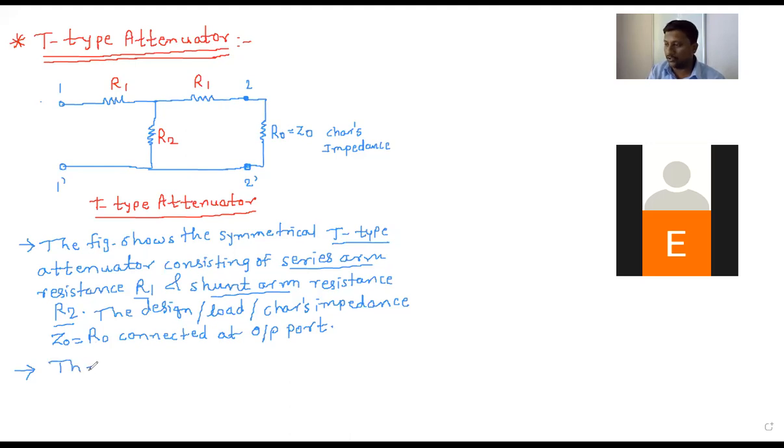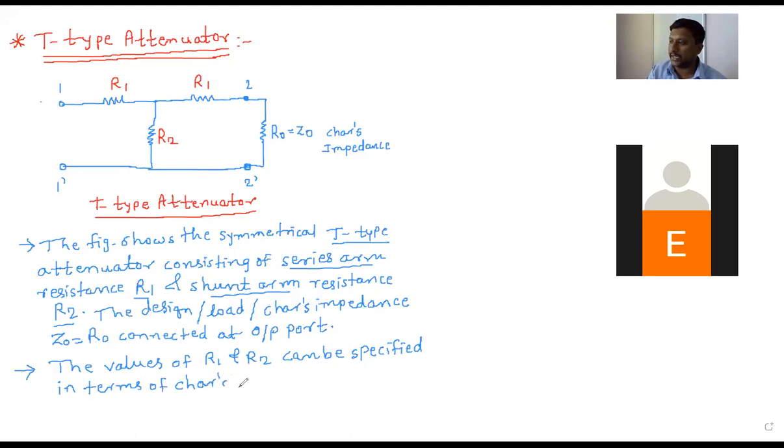Now next, the values of R1 and R2 can be specified in terms of the characteristic impedance R0 and the propagation constant gamma of the network.